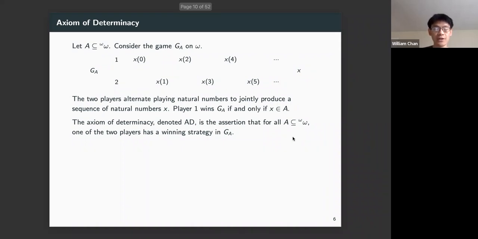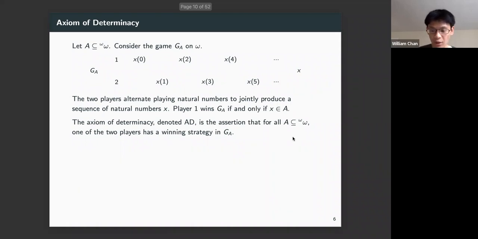The game G sub A consists of two players alternatingly picking natural numbers, and jointly after an infinite run, they produce a single sequence x. We say that player one wins the game G sub A if and only if x is in A, and the axiom of determinacy is the assertion that for every A, one of the two players has a winning strategy in the game of the form G sub A.